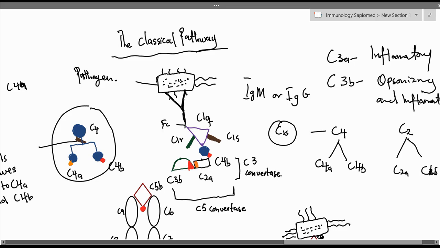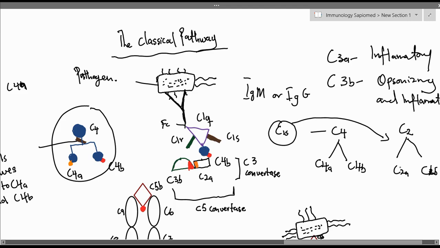This same C1s protein that is responsible for the cleavage of what? C2. So all you have to take notice of is that the C1s is responsible for cleaving C4 and then C2. C1s cleaves C4 to C4A and C4B. C1s cleaves C2 into what? C2A and C2B.